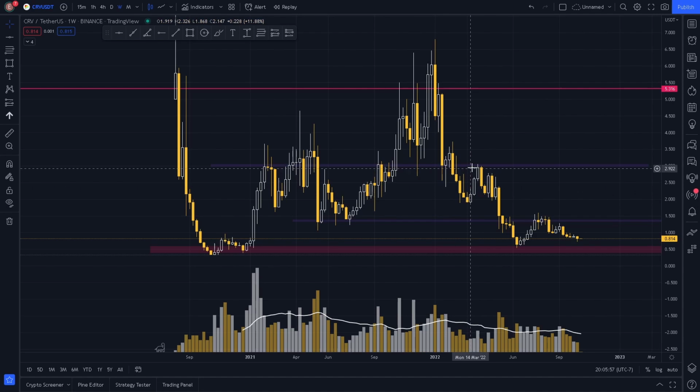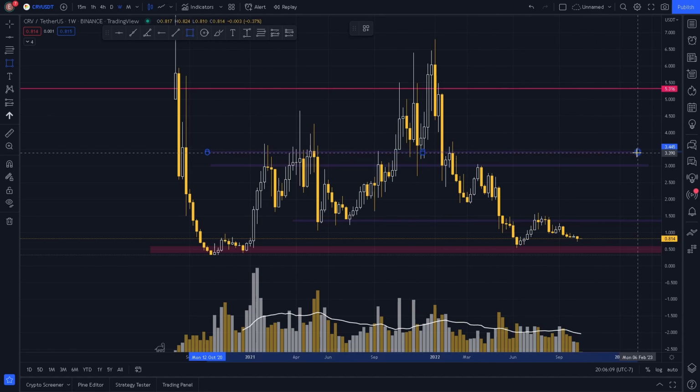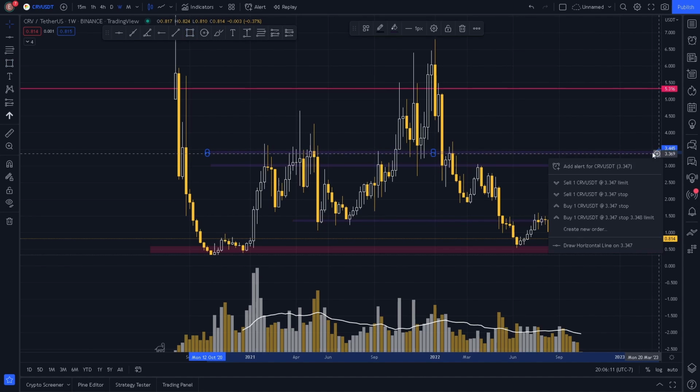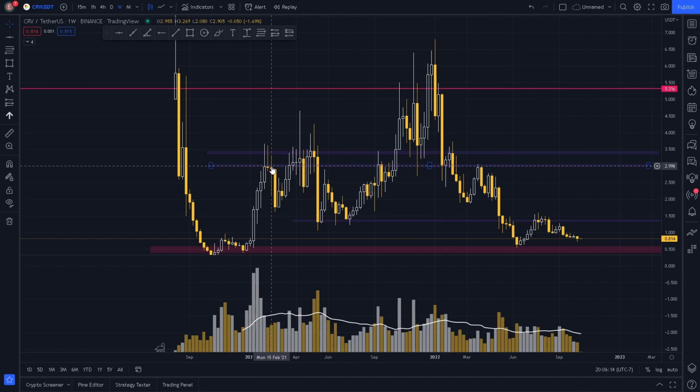Now price comes up and we see another resistance. We also notice just above the same level we have another key level. So price gets rejected from this level, and price also gets rejected from this level.